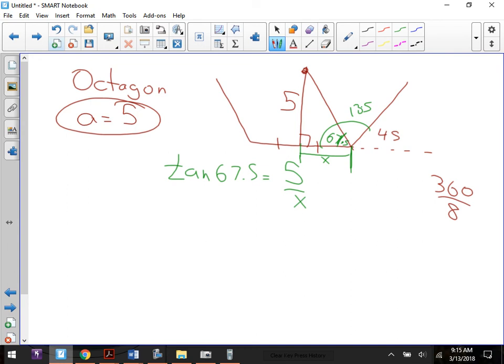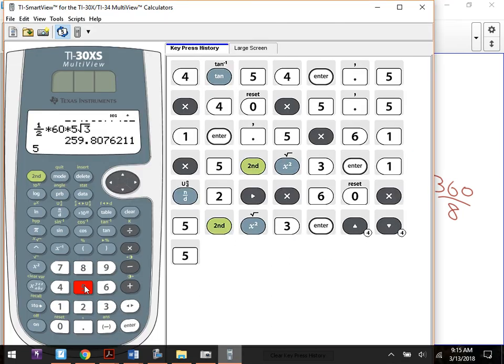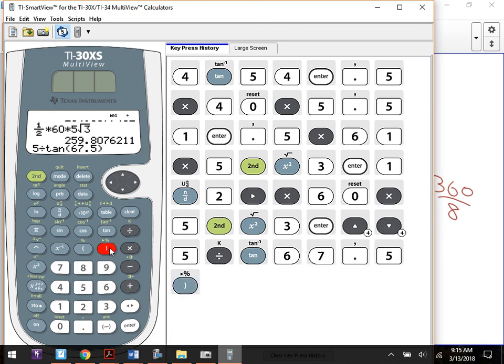What do you have to do when your unknown's in the denominator? Exchange-o, change-o. Press a few buttons here. 5 divided by the tangent of 67.5. And I'm getting 2.07.